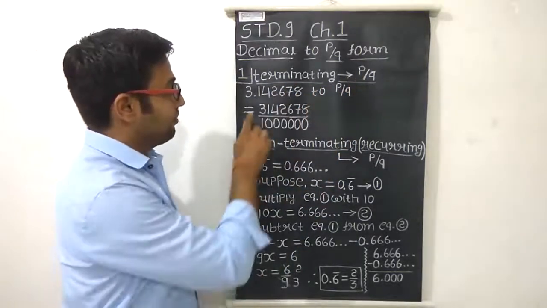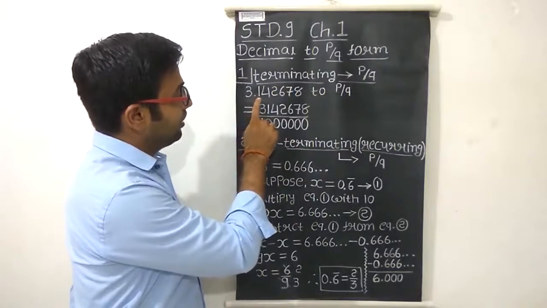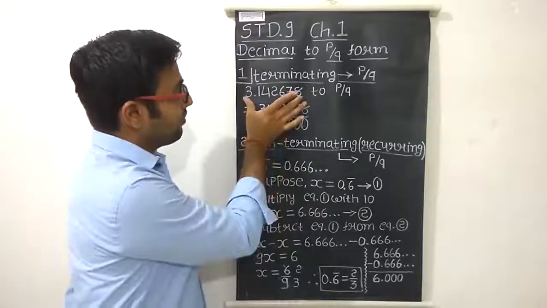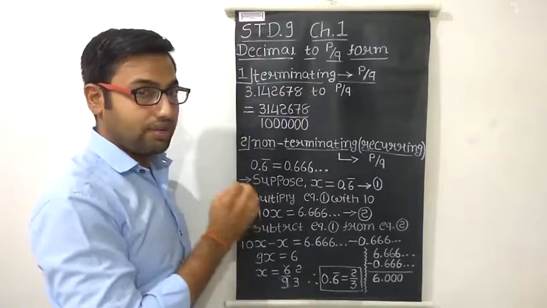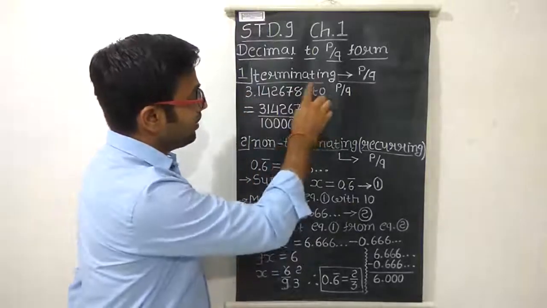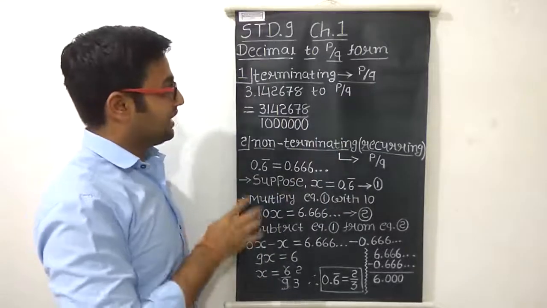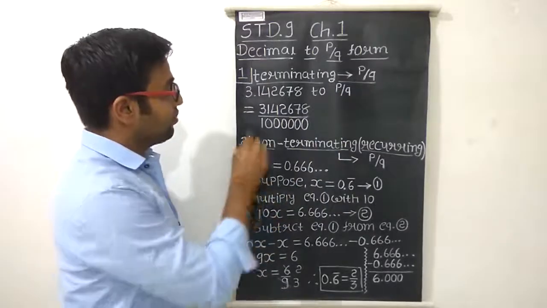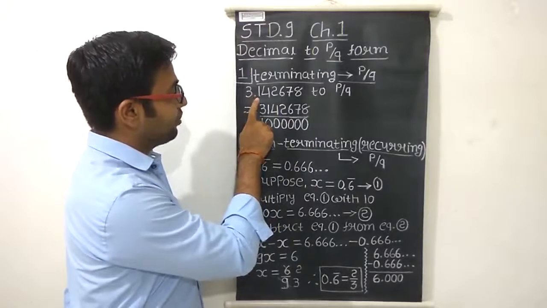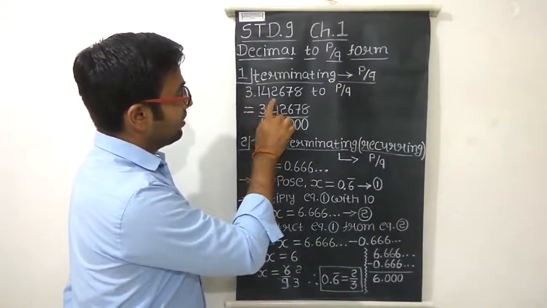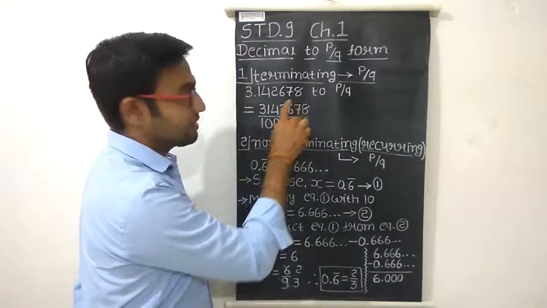Let's suppose there is a number 3.142678. This is a terminating decimal expansion of a number. To convert it into the P by Q form, it is very simple. We just have to move this decimal point to the right hand side. So the first, second, third, fourth, fifth and sixth position.